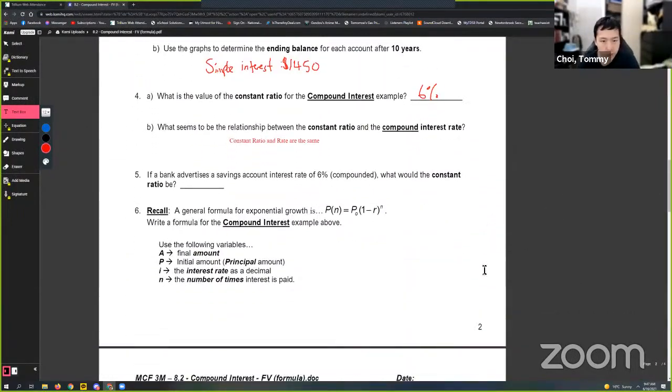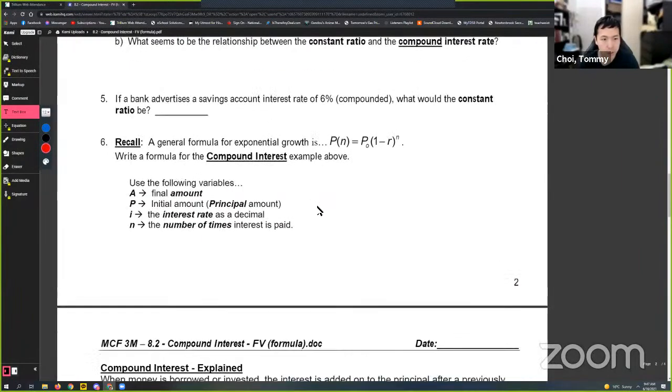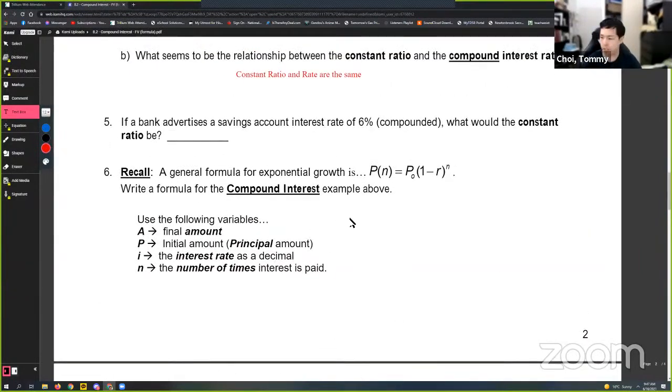Okay. So for the exponential growth for compound interest here, we have our formula. So we have exponential growth. That should be 1 plus r. I'm so sorry, that is an error. Growth should be 1 plus r.